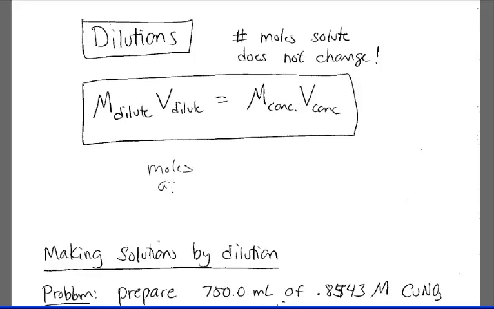So this is moles after dilution on this side of the equation, and it's moles before dilution on the other side. So the concentrated is the one before, and then you add water and you dilute it, or you add solvent and you dilute it.